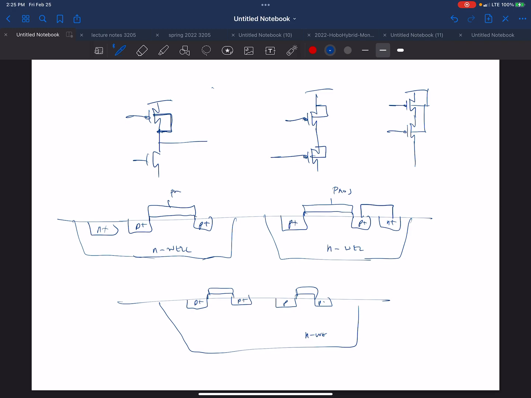You guys see that? Because when my substrate's connected to here, it's always at that voltage. It's always at VDD, whatever VDD is, right? It's stable. So all I care about is my gate voltage.